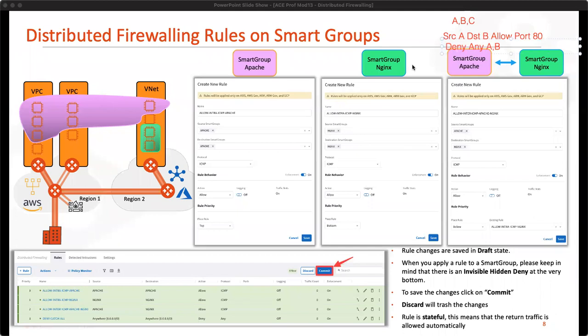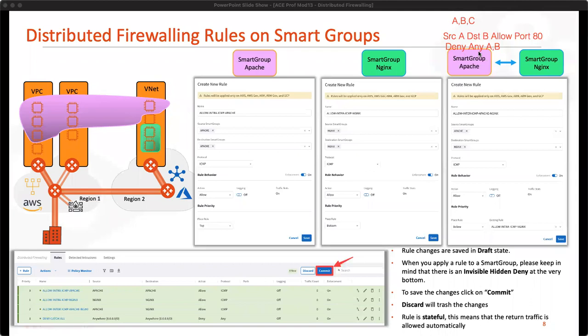This implicit rule says deny any traffic to reach A and B. The logic is that you have segmented A and B with the rules that you wanted to put. Thus, it's very logical that we have this implicit deny any, because we don't want any other communication other than the one you allowed to be running. So deny any means anything trying to get to A or B is blocked.